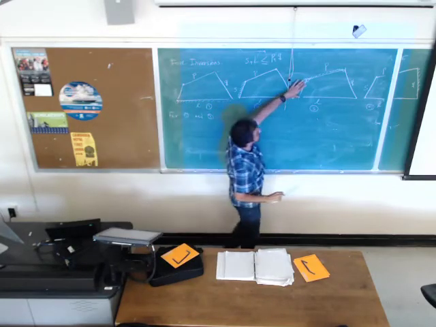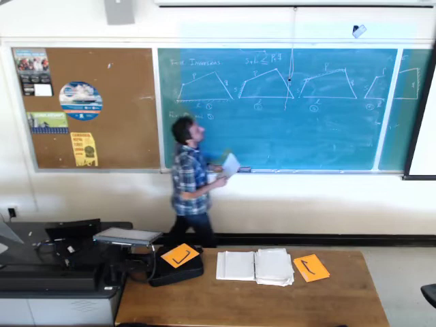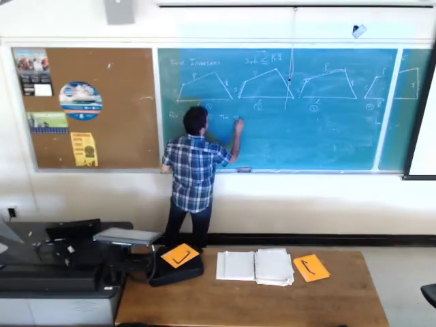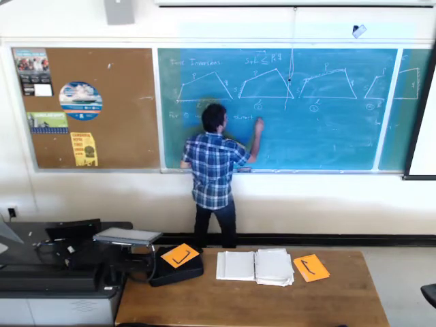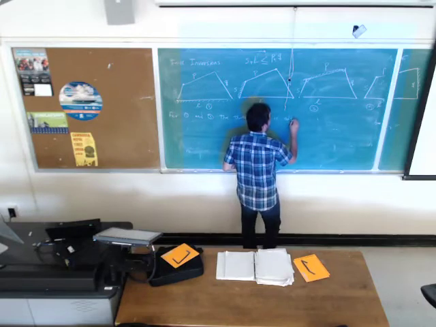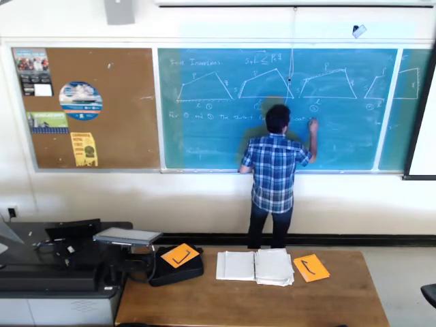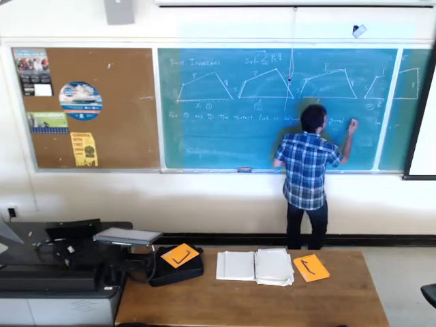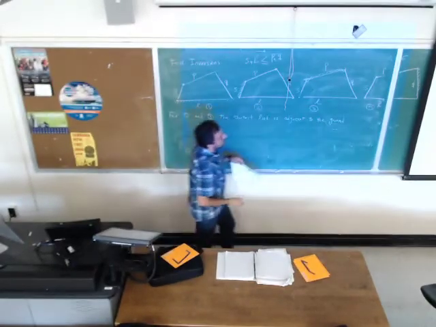And here the shortest link is adjacent to the link P. So the shortest link is adjacent to the ground. If we have this inversion, we have the mechanism that we are going to have.